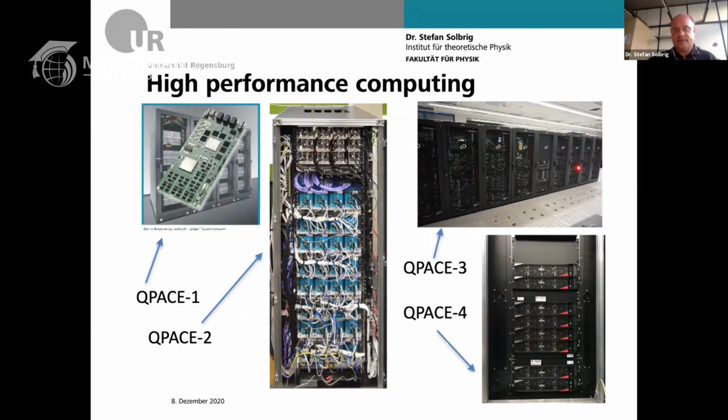It's located at a different site, but it's also mainly used for lattice chromodynamic simulations, but also from other groups. And this QPace-4 is our latest computer. It's Fujitsu based, running the ARM architecture. And this is where we run our simulations in Regensburg. So this is located directly in Regensburg.